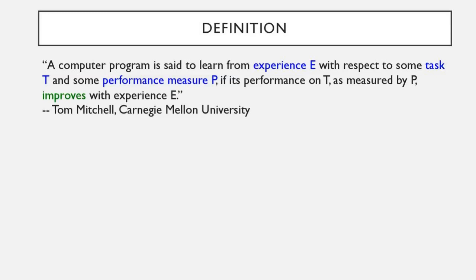It is said to learn from experience with respect to some task T and performance measure P. The next line is very important: if the performance on the task, as measured by P, improves with experience. So the performance of the machine with more experience should increase. That's the definition of ML.